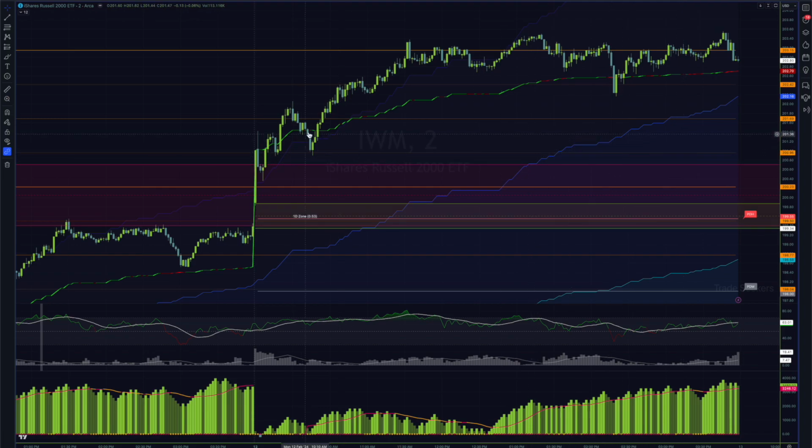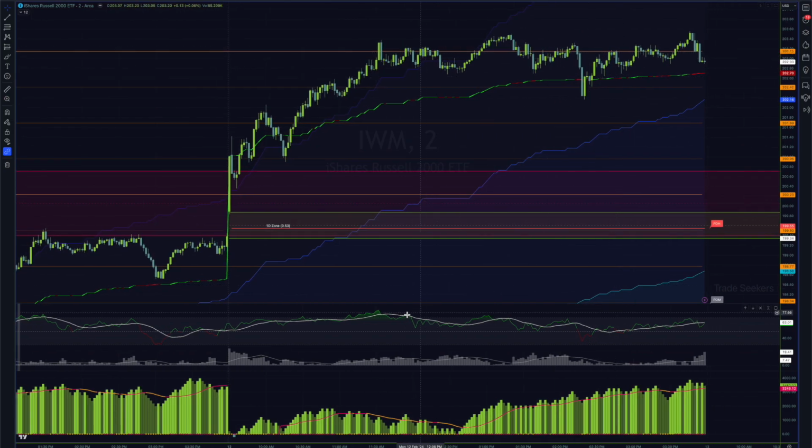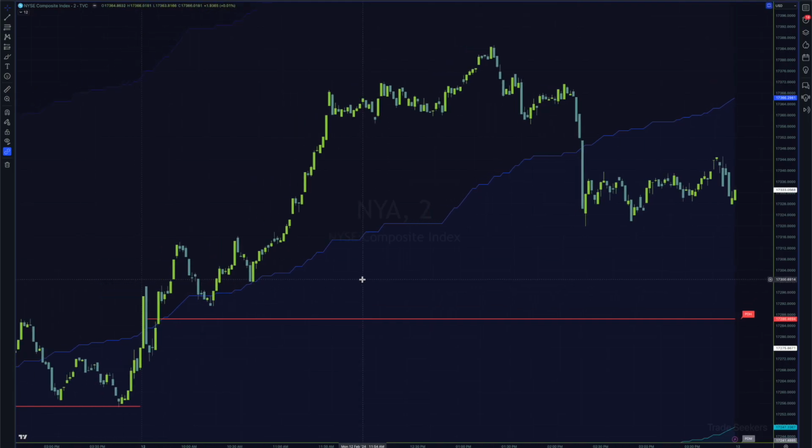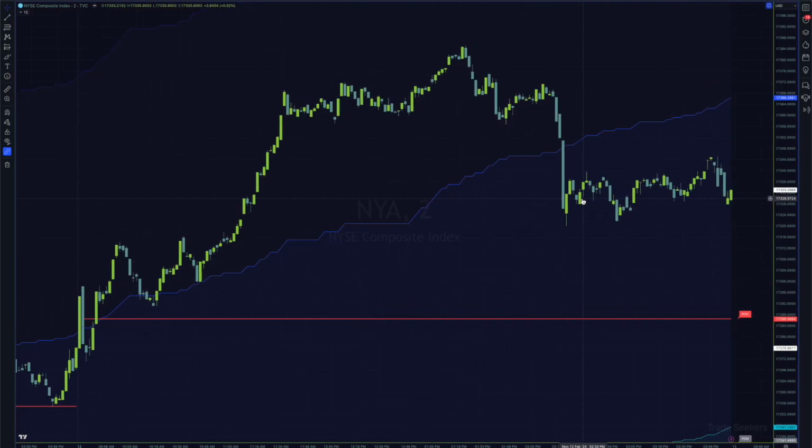So it did that, broke over the third deviation high on monthly TWAP, and really struggled with this monthly TWAP level 203.15. But you can look at the accumulation, and we're kind of back at that point where New York market and the Russell seem to be locking in together.